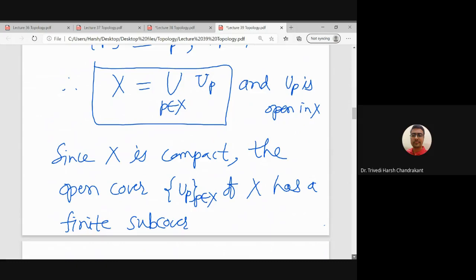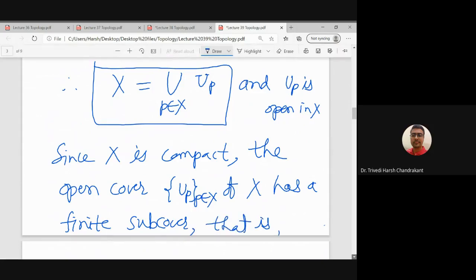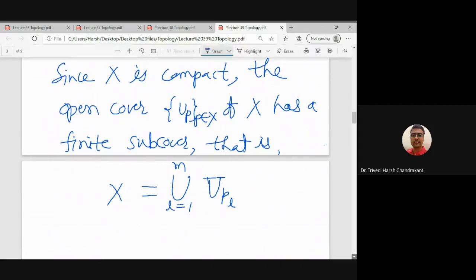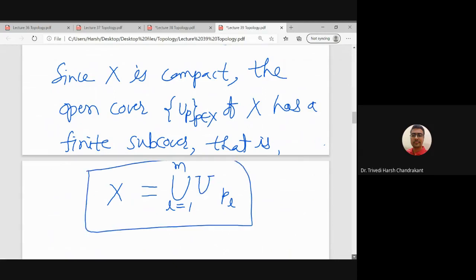So we can actually write X as a finite union of these elements. So we can write it as the union of finitely many UPs. Let me call them P1, P2, up to Pm, right? So this is a set which is a finite cover of X, a finite subcover of X.